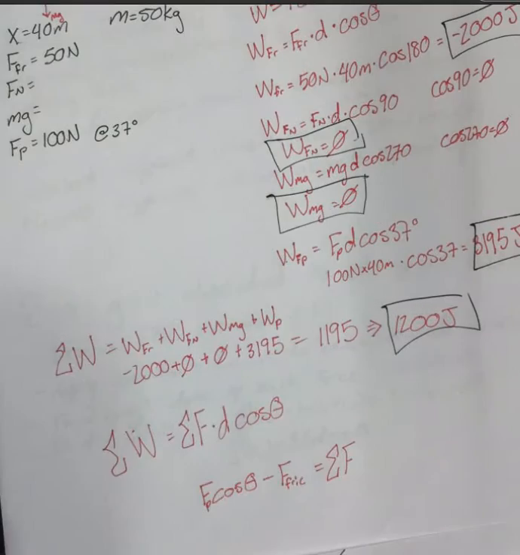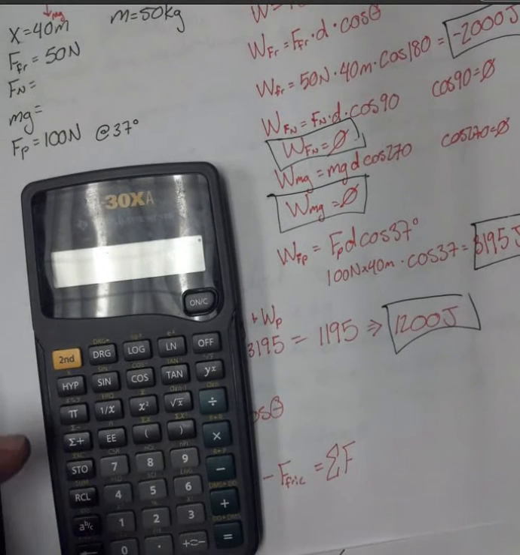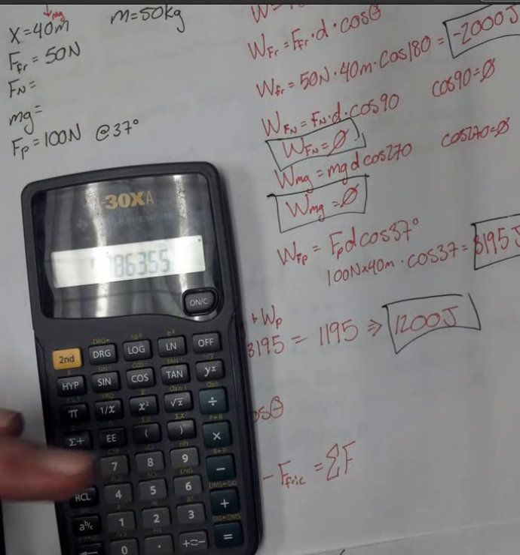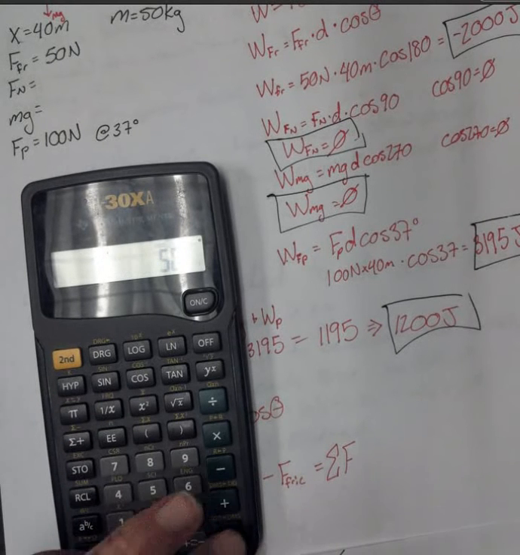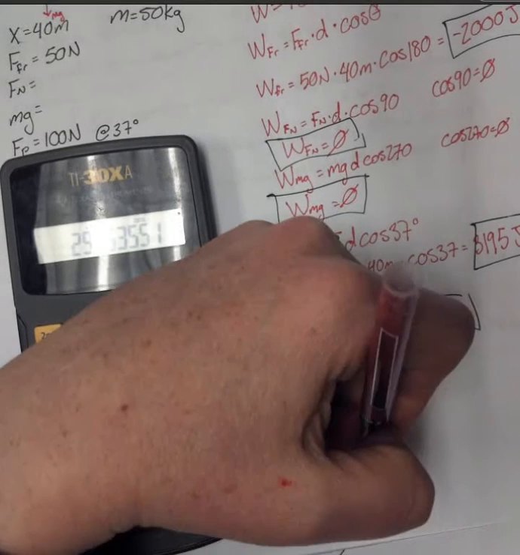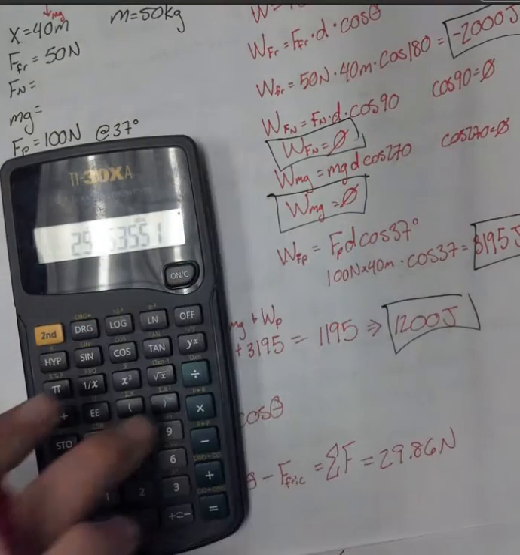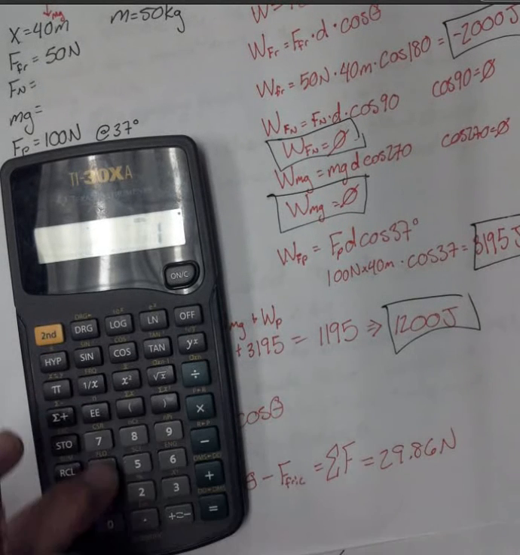The net force would then be 37 cosine times 100, which would be 79.8 newtons, and we're going to minus the force of friction, which was 50 newtons. So the net force would be 29.86 newtons, and that was applied, and that's a positive value, over 40 meters.